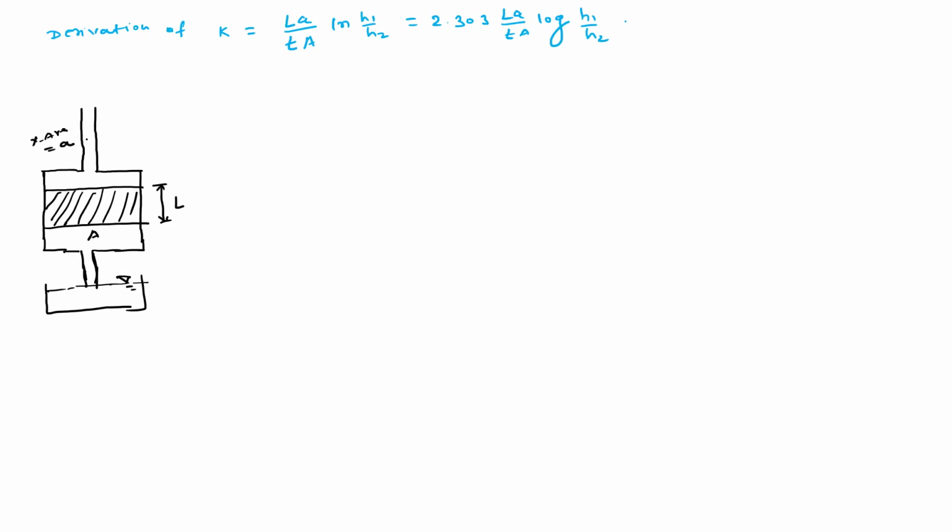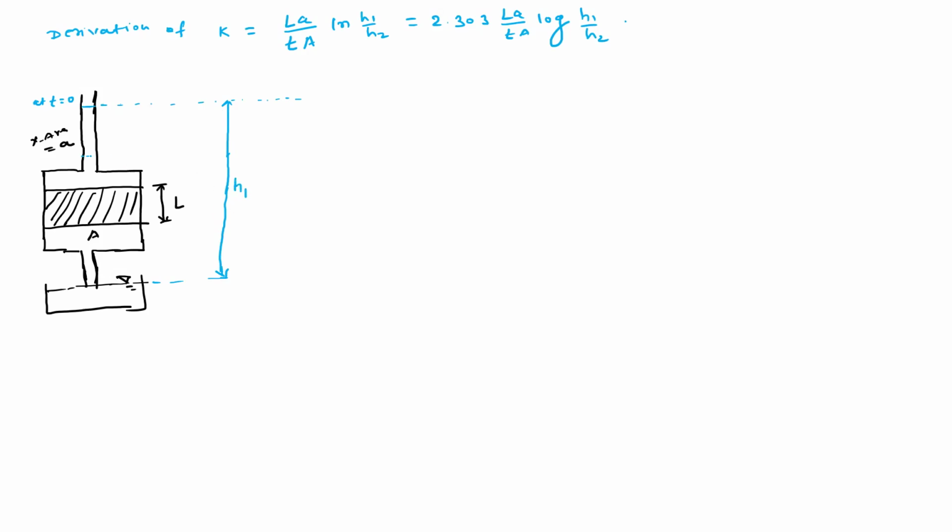So at t is equal to 0, suppose the water level is at this position, at time equal to 0, and the head which is causing the flow at this point, let me take it as h1.